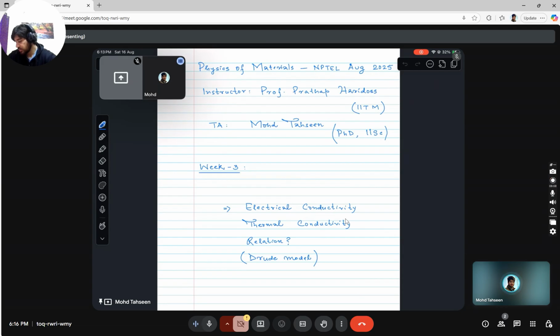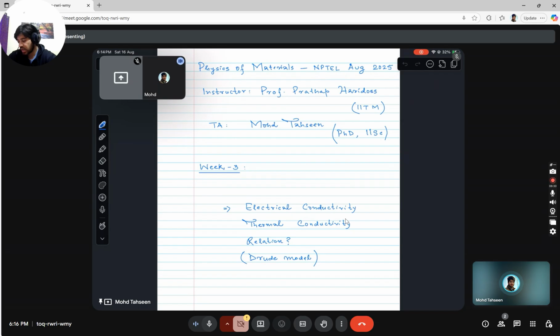The other question we were interested in was: if the electrical conductivity of a material is high, does that also imply that the thermal conductivity should be high? Or is there a relation between these two properties? That's where we developed the Drude model to answer two questions.